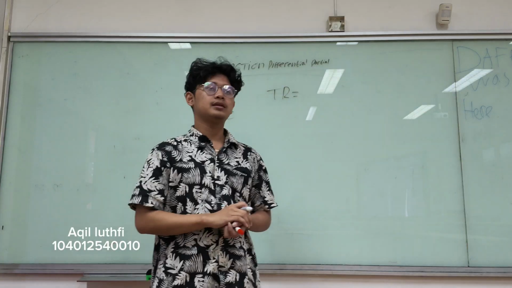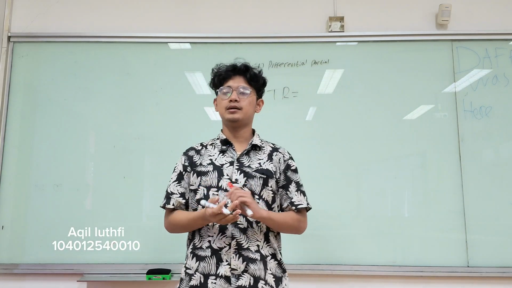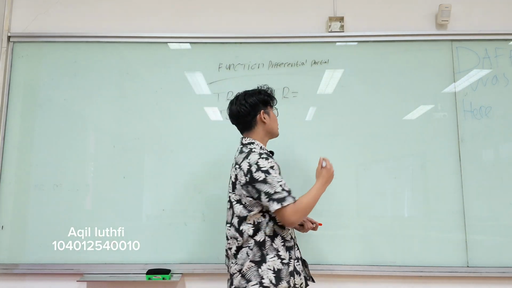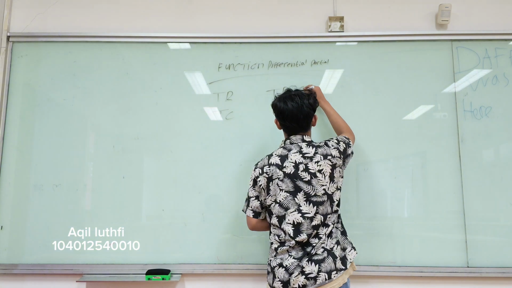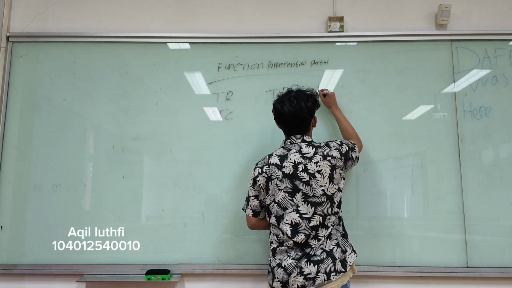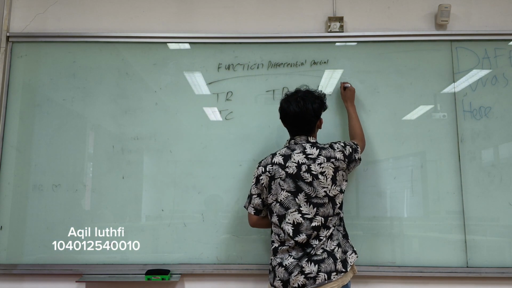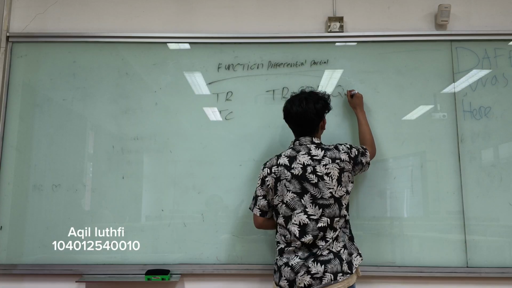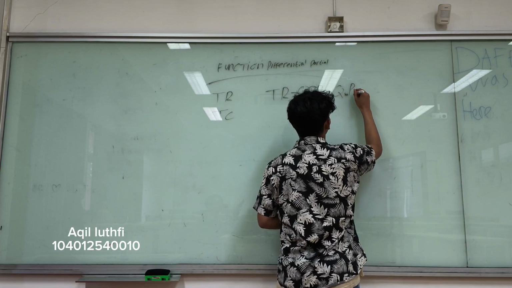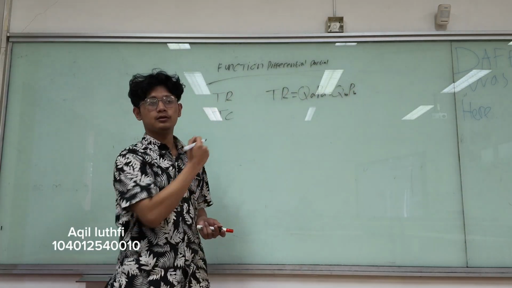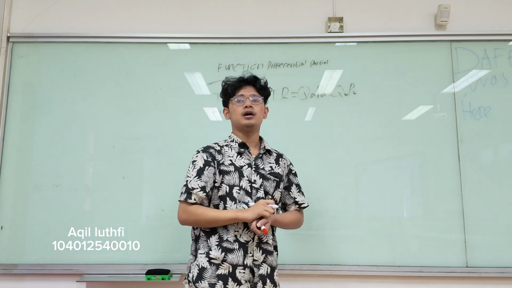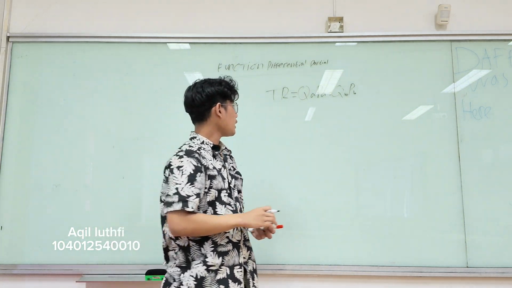For TR, we use this formula, P times Q. We use this formula to search for TR.